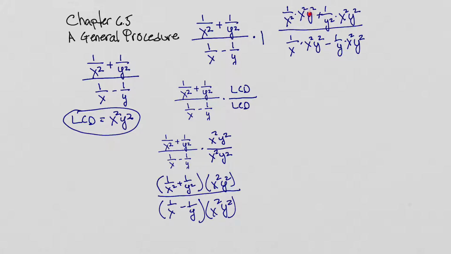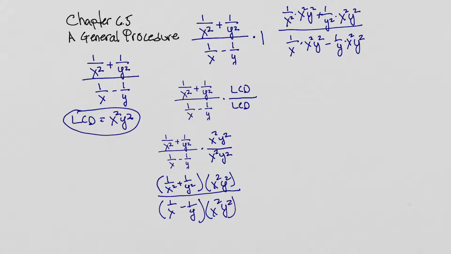It ends up right next to the first term and the second term in the top, and the first term and the second term in the bottom. That is, the LCD ends up right next to all of the original terms.